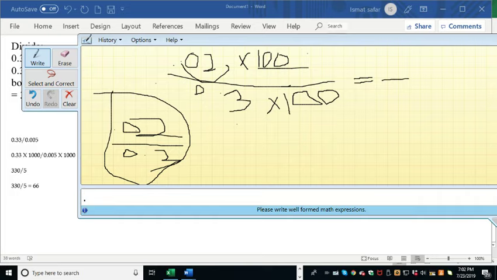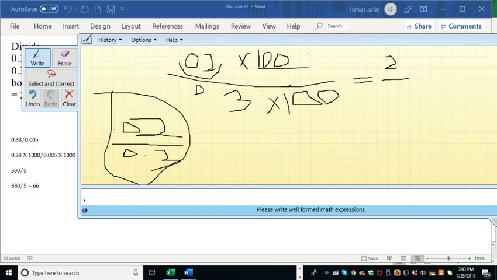Now let's continue with our division. 0.02 times 100 is what? If we move it right here, the decimal point is here, so the answer on the top is 2.